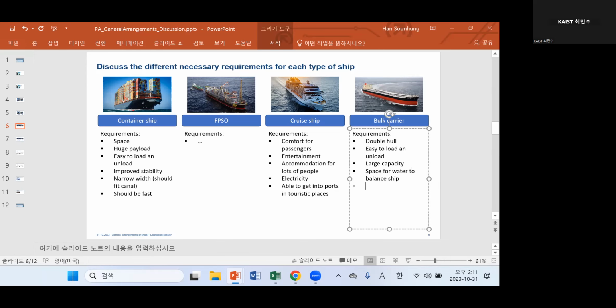Seems good, yeah. Allowing big fuel tanks to be autonomous and not have to make too many stuff. Big fuel tanks. Let's find some more for the FPSO now. Yes, we can also take a few things for the other container ships because these are similar, but maybe think about what else is different here.